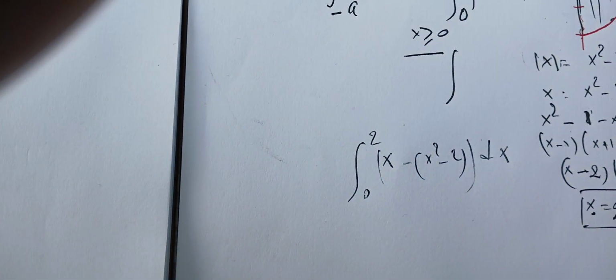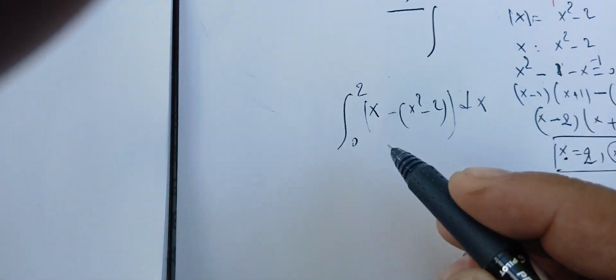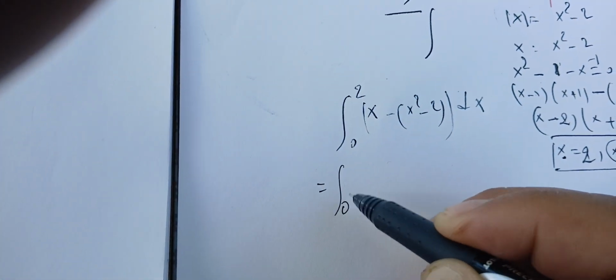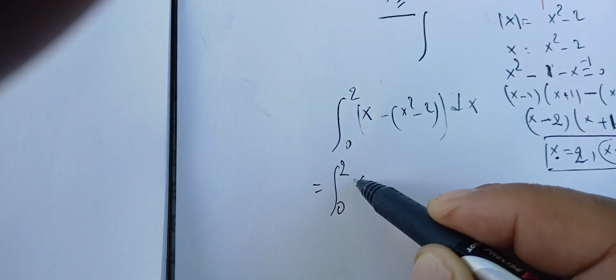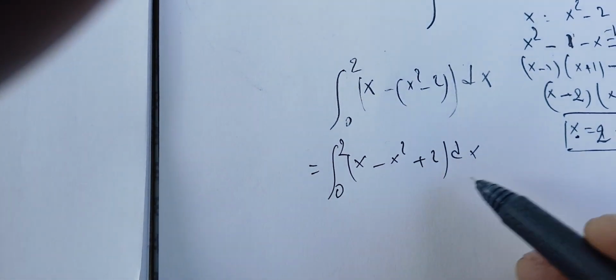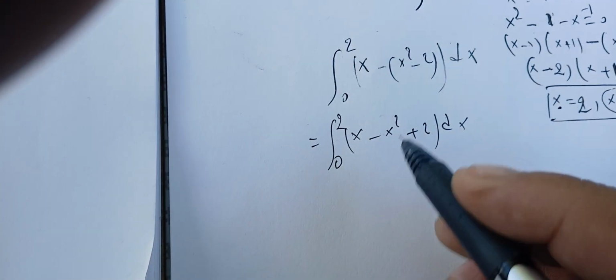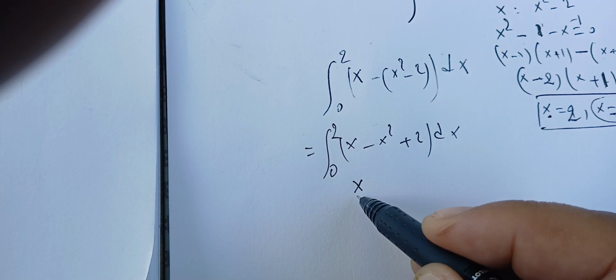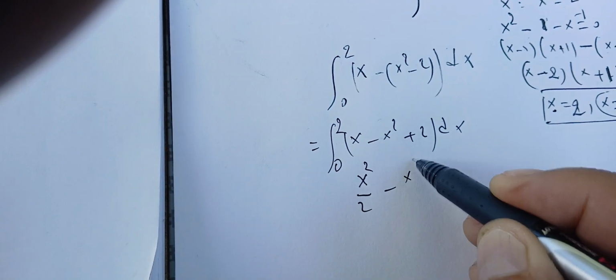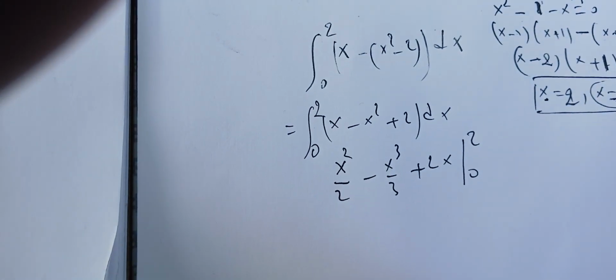Therefore, I can do it this way: between 0 and 2, x minus x squared plus 2 dx. Now using the power rule for integration, here I have x squared over 2 minus x cubed over 3 plus 2x between 0 and 2.